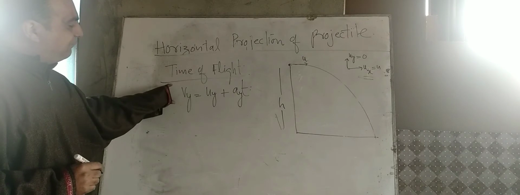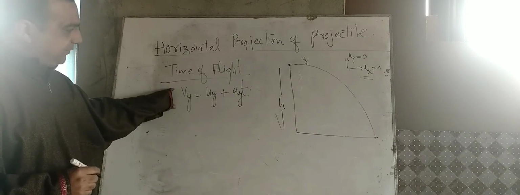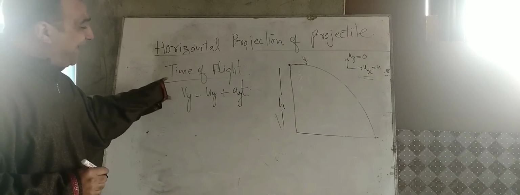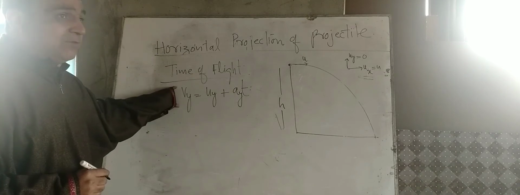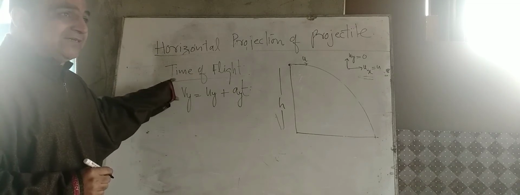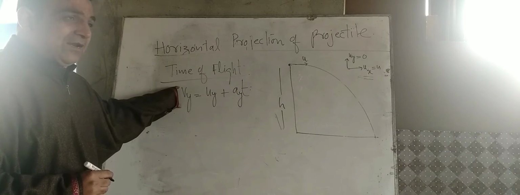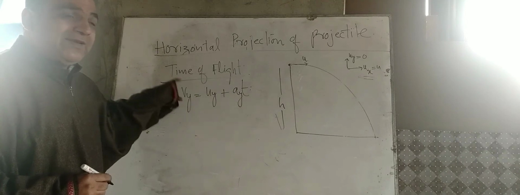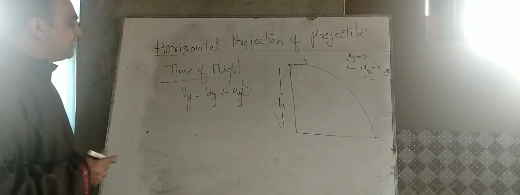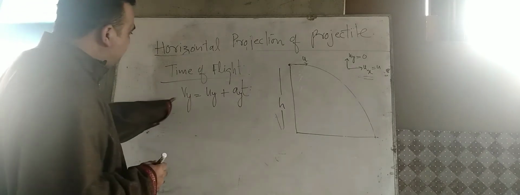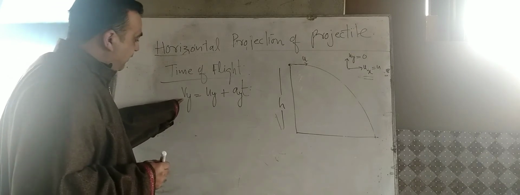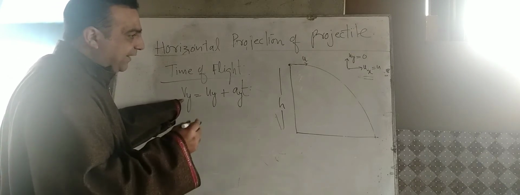I'm writing the velocity in the vertical direction in this case. And my intention is to calculate the time of flight. And what is time of flight? Time of flight is the total time taken by the projectile from the point of projection to the point where it hits the ground. Now this Vy is the final velocity.